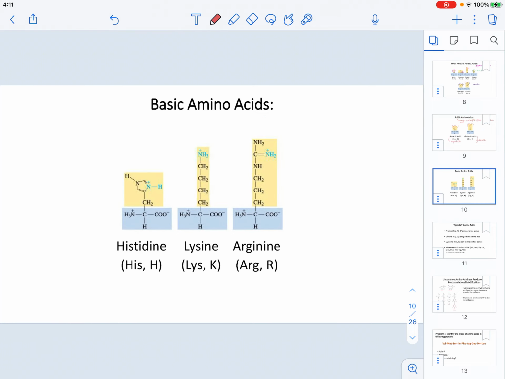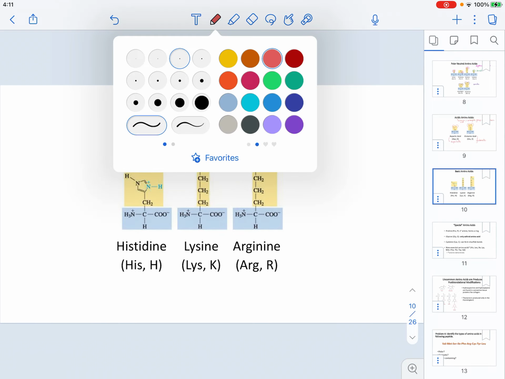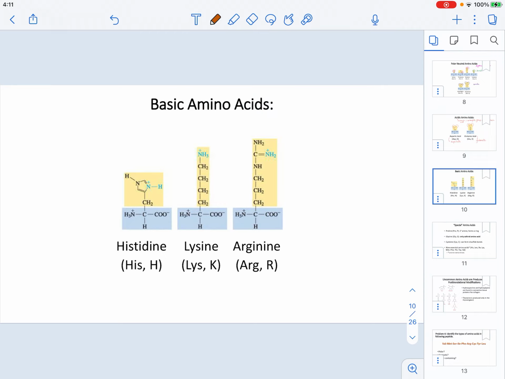From the last group of amino acids, we have the basic amino acids, and there are 3 members of this family. We have histidine, lysine, and arginine.